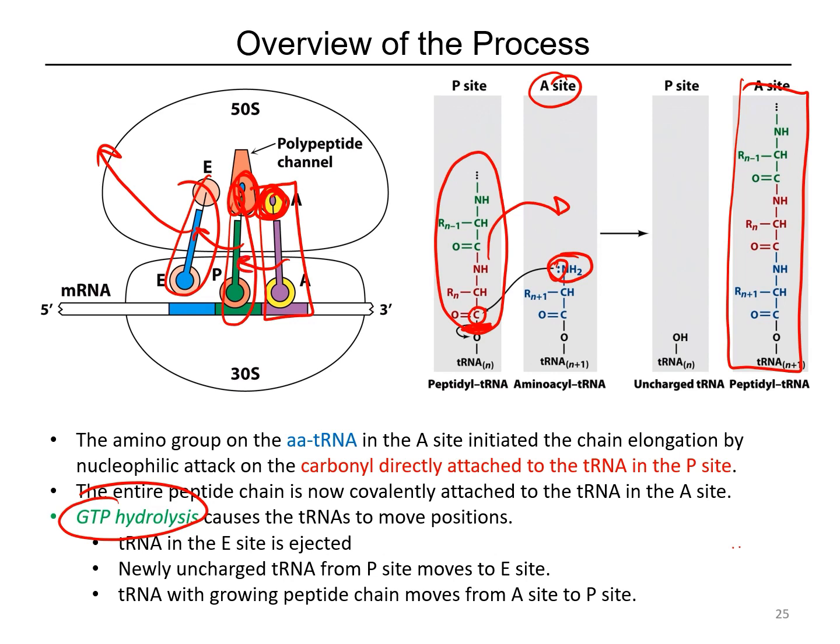It now contains the entire polypeptide chain on it. And that then frees up the A site for a new aminoacyl tRNA to come in. Okay? And the entry of that new tRNA is also GTP dependent, and we'll look at that process here shortly. But first, go ahead and take a few minutes to work on the next question on your activity.